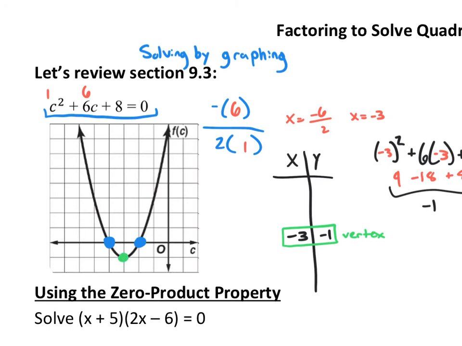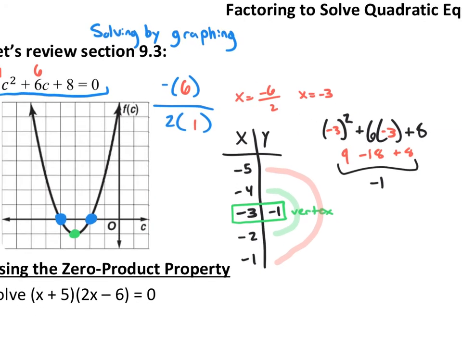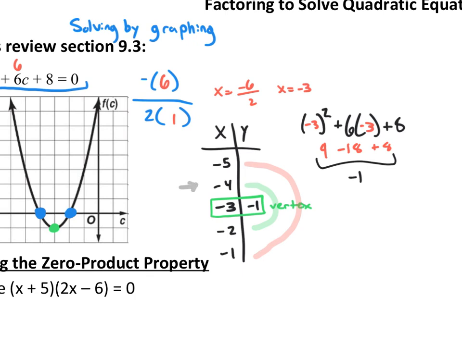And then what we did was we extended our table in both directions. And we knew that since the vertex was in the middle, these two answers were going to be symmetrical, and so were these two. And we would have plugged in negative 2 or negative 4 to find the next piece of our table. I'm going to choose to use negative 2 because it's a smaller number.